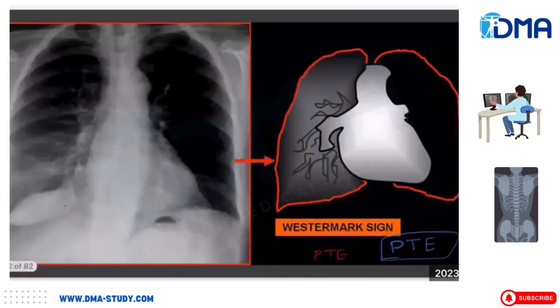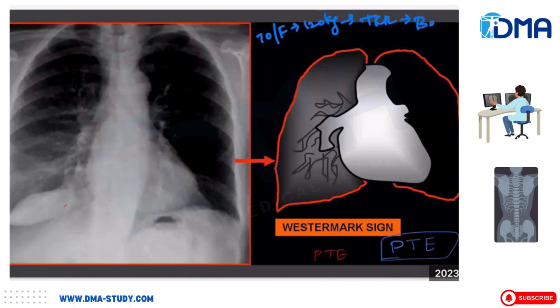Next. What is this one? It is the Westermark sign. This sign is the Westermark sign where you have this picture identified, and it is seen in pulmonary thromboembolism. Give me a classical example where you see a pulmonary thromboembolism. A 70-year-old female who is 120 kgs, posted for total knee replacement.